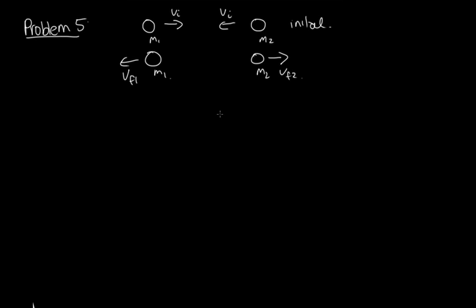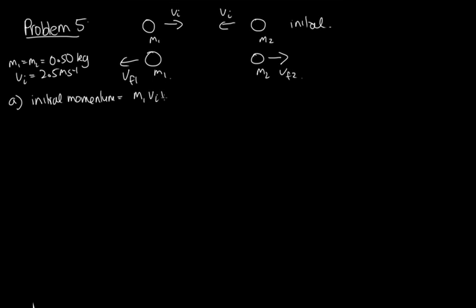If m1 equals m2 equals 0.50 kilograms, okay, so now we've got m1 equals m2 equals 0.50 kilograms, and the initial velocity is equal to 2.5 meters per second. We need to start by calculating the initial momentum of the system. Okay, so the initial momentum is equal to m1 v initial 1 plus m2 v initial 2.